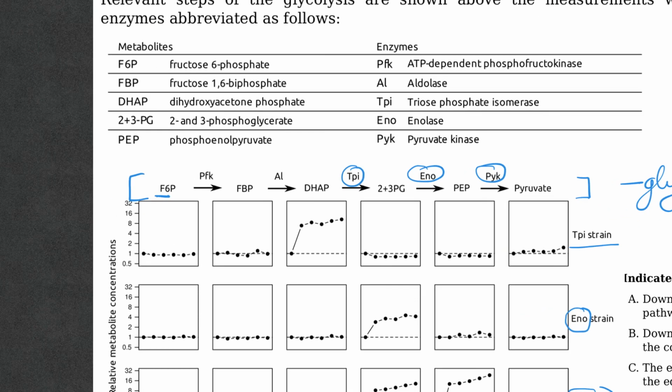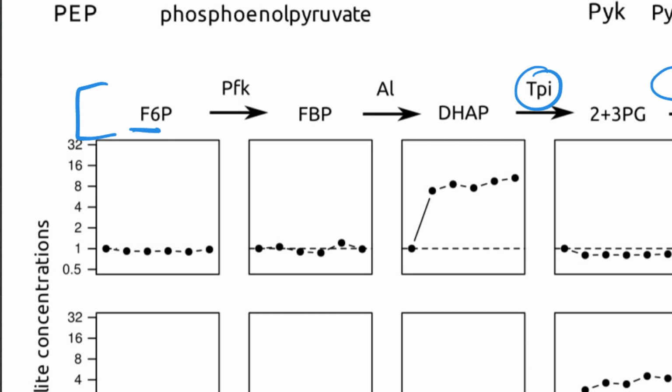concentration. So each of these tiny graphs that you see, what has happened? In time, we have increased the doxycycline concentration and seen what happens to the concentration of the substrate. So this graph talks about the concentration of F6P, fructose 6-phosphate, when the concentration of doxycycline has been increased.